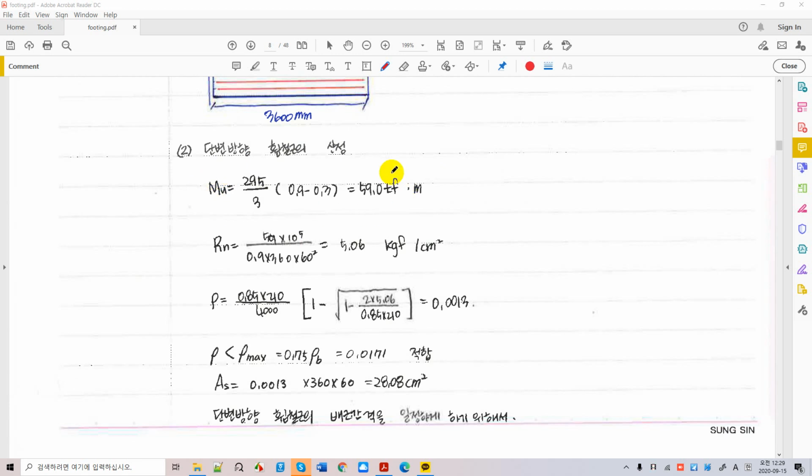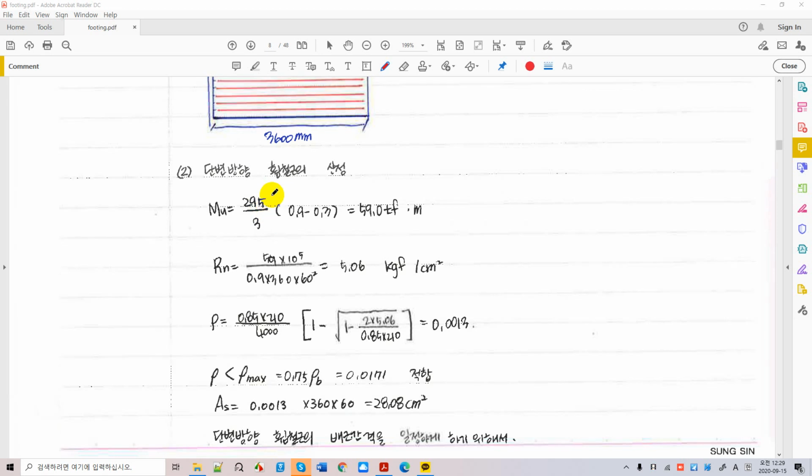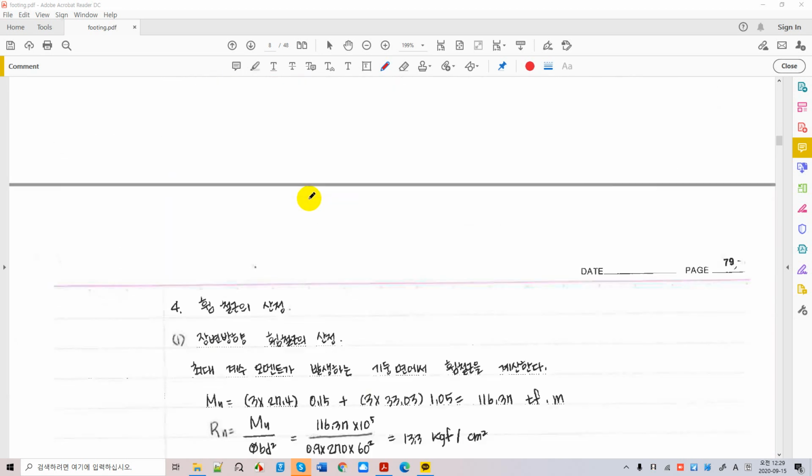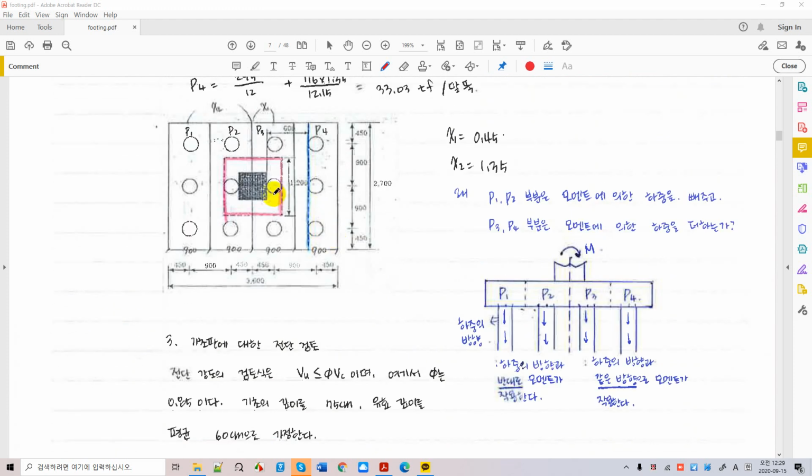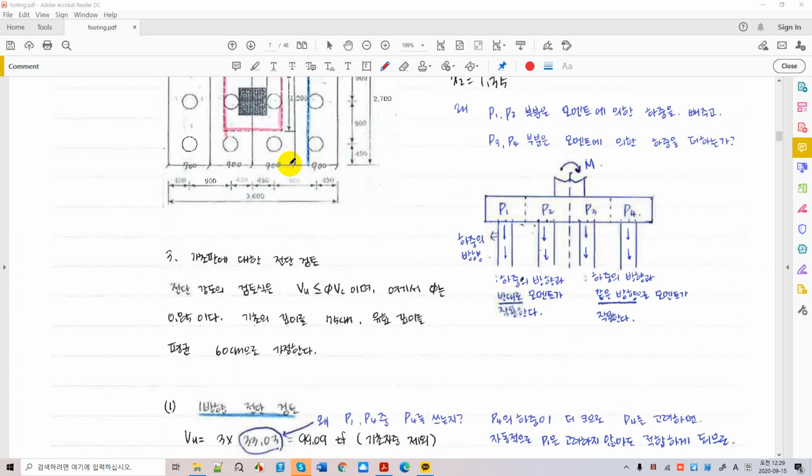Okay, you verify this number, but I simply adapted four piles with a moment arm measured from the face of the column to the center of the pile.